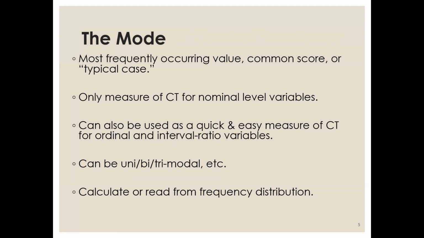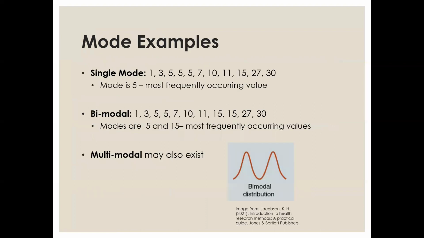And when you have more than 5 cases, you can have distributions that have multiple modes, right? They can have numbers or cases repeat in clusters, and I'll show you that. You can calculate the mode, or you can look at it from a frequency distribution, and we're going to do both. This is bimodal.